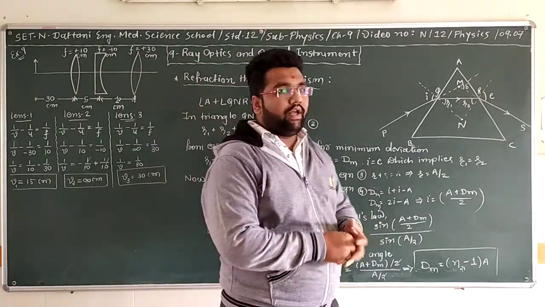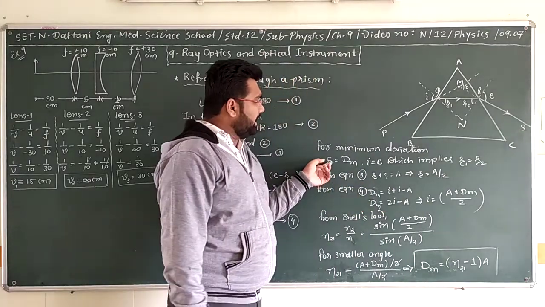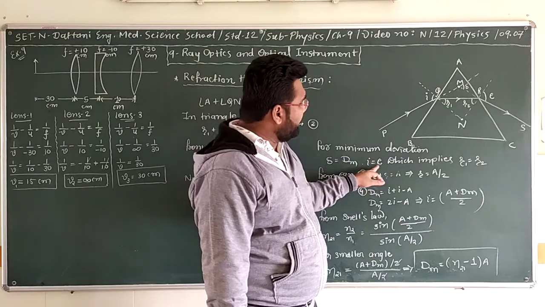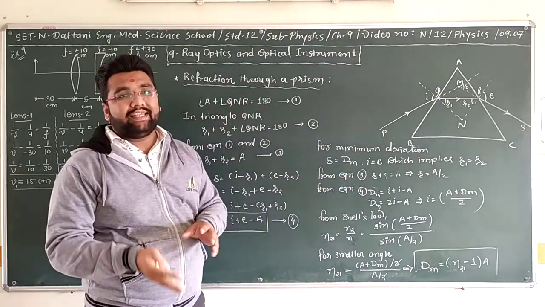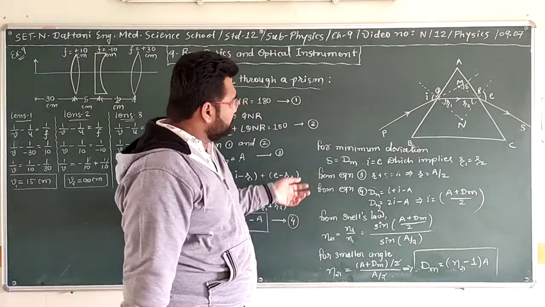Now, if we want the minimum deviation, then delta will be equal to dm, where m is for minimum, and here I equals E. When the deviation is minimum, the incident angle is equal to the emergent angle.